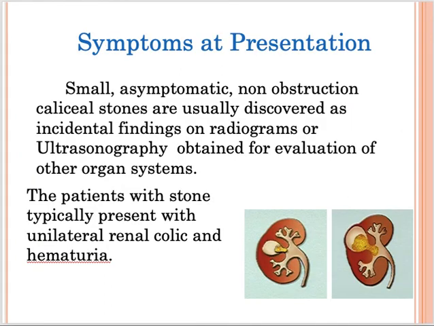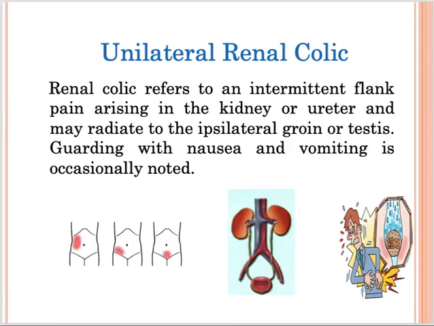So now, what are the symptoms, guys? It could be asymptomatic, it could be symptomatic, and whenever there are symptoms, of course the patient presents with renal colic. And as I told you, the features of renal colic or ureteric colic: the pain starts and radiates towards the groin or the scrotum in males and labia in females.